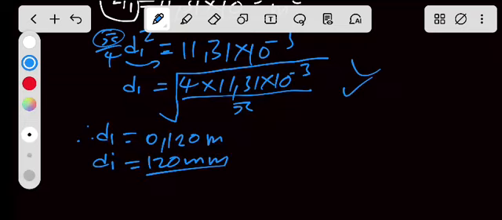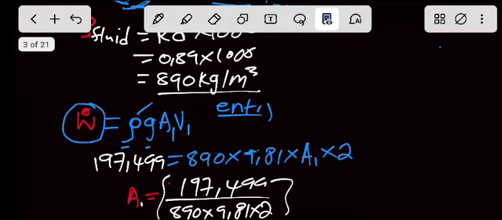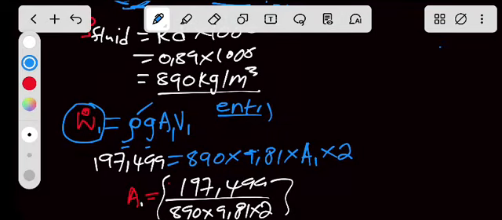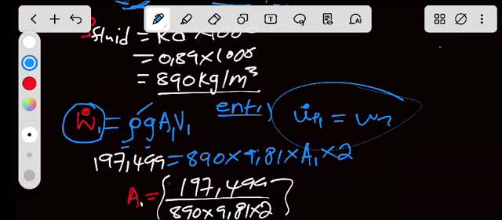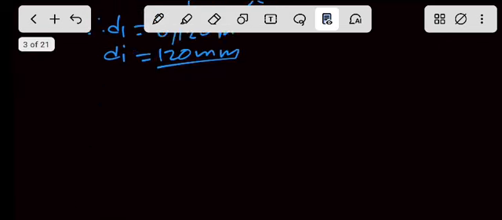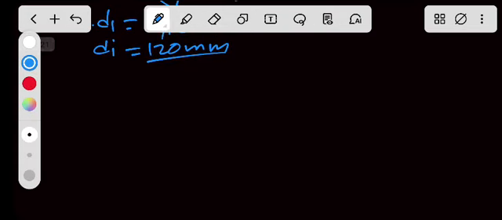Similarly, remember I said the flow rate at 1, q1, is equal to the flow rate at 2. So we can say again, the flow rate at 2 is given by density, gravity, area 2, and velocity 2.